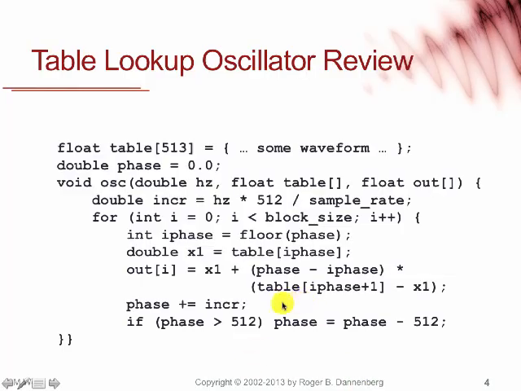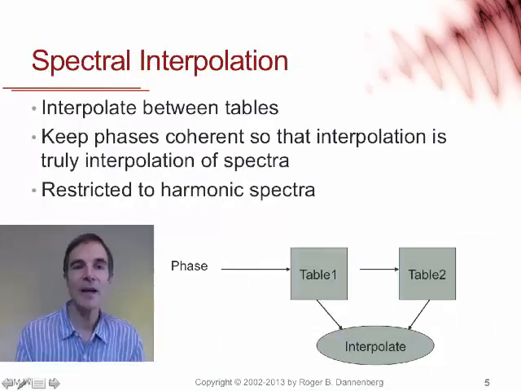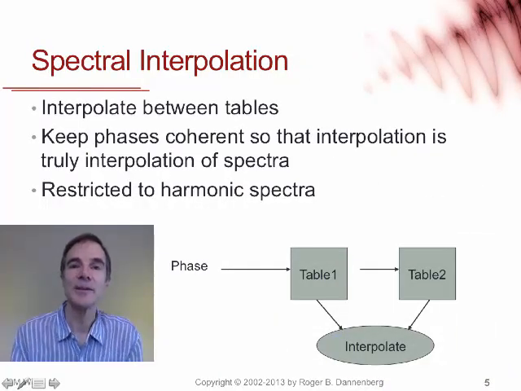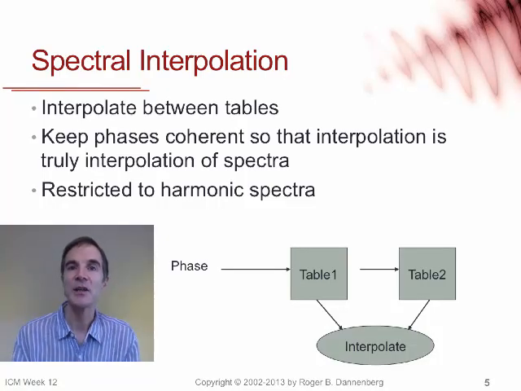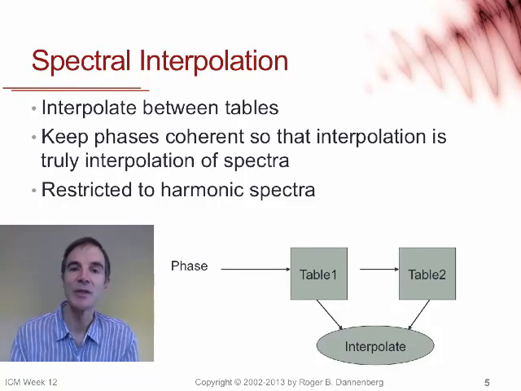The phase increment is simply adding an increment value to the phase, which I'll remind you is a floating point number. And if the phase goes over 512, then we subtract 512 to wrap around back to the beginning of the table. Now, spectral interpolation is simply interpolation between spectra or interpolation between tables.